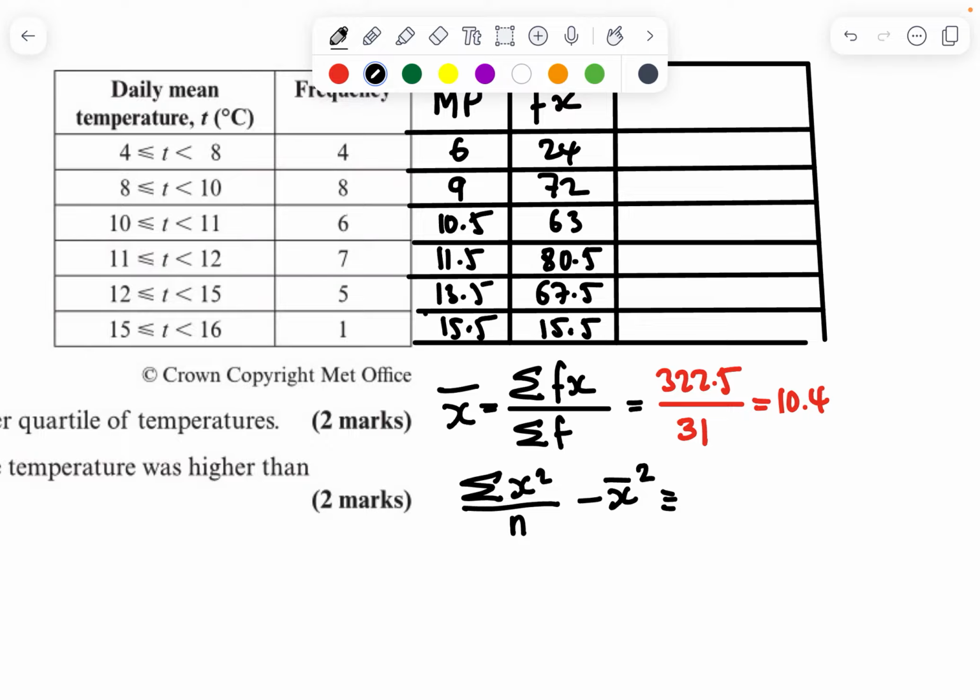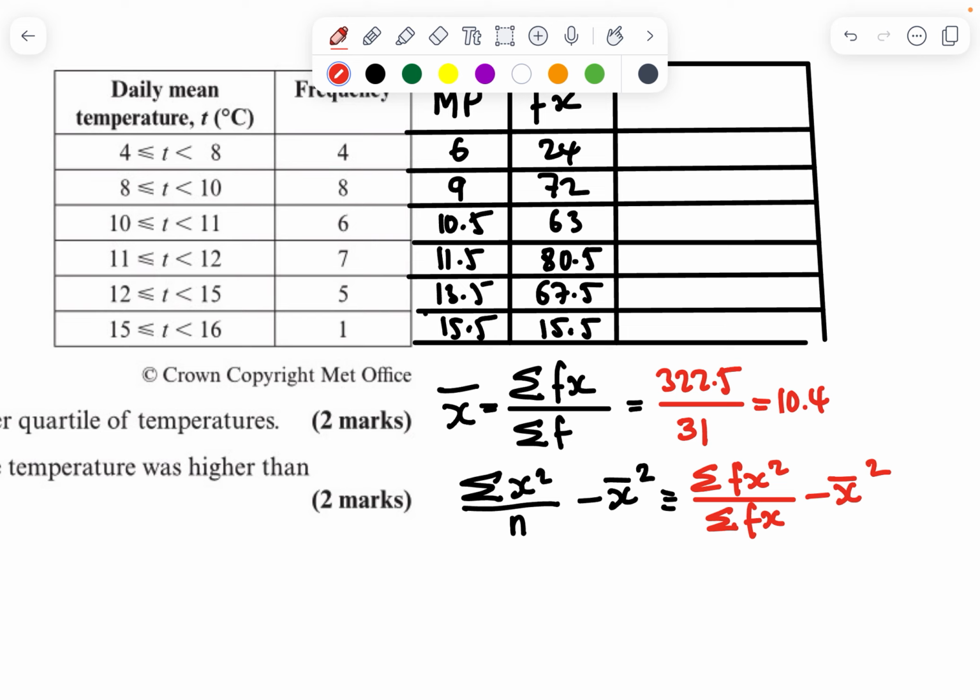Now, remember, in this case, I'm actually going to use the sum of fx squared, and I'm going to divide that by the sum of f. Okay, but then I'm going to take away the mean squared just as we did before.